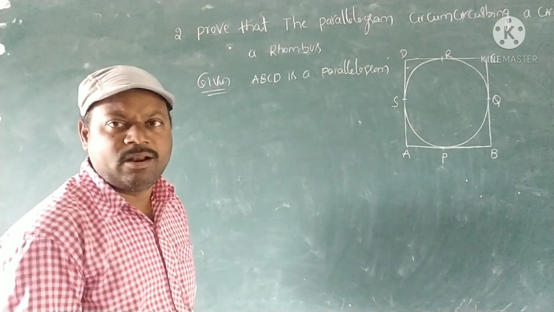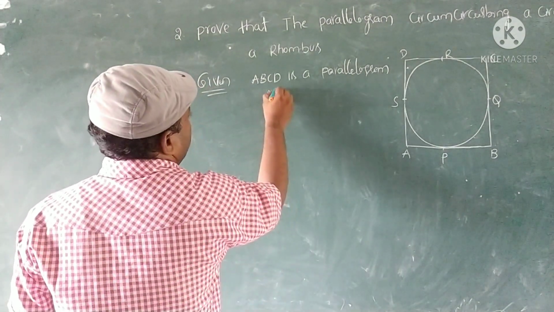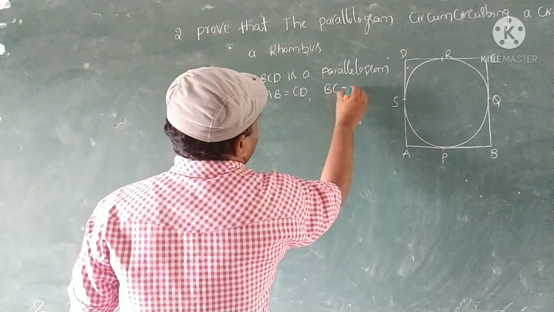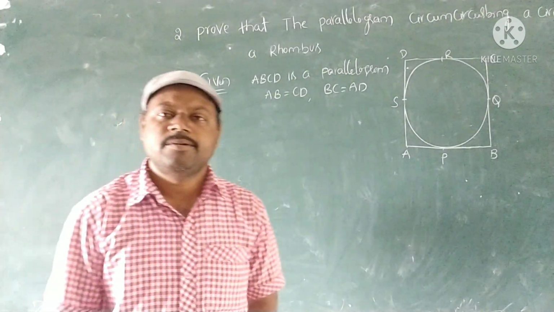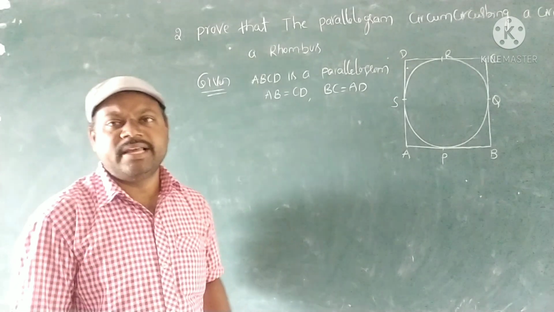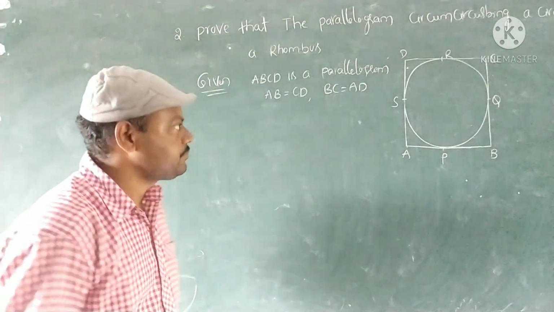ABCD is a parallelogram. Parallelogram means opposite sides are equal: AB equals CD and BC equals AD. ABCD is a parallelogram. So P, Q, R, S are the points which touch the circle.